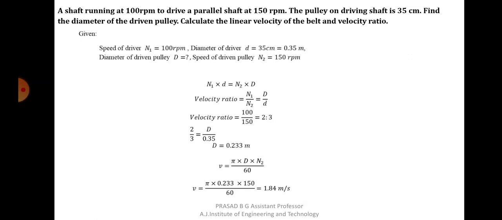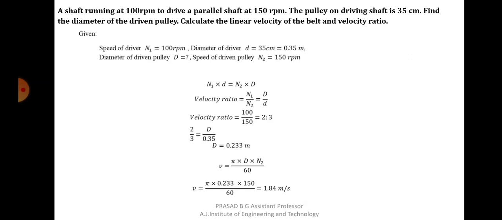So taking the velocity ratio, we have n1 by n2 is equal to capital D by small d. As per the data, n1 is given, n2 is given as 150, and D by d we have to find out. Now we don't know the diameter of the driven pulley, but we know the diameter of the driver, that is 0.35.